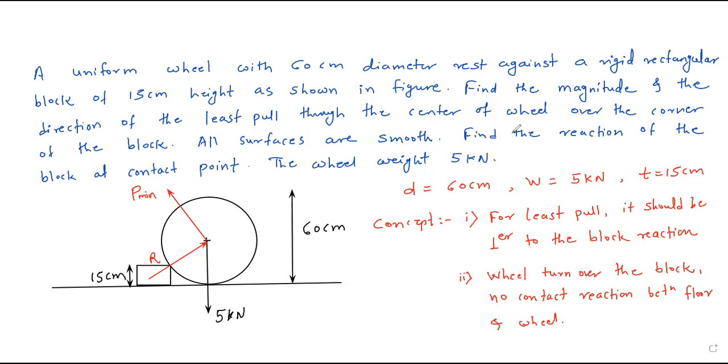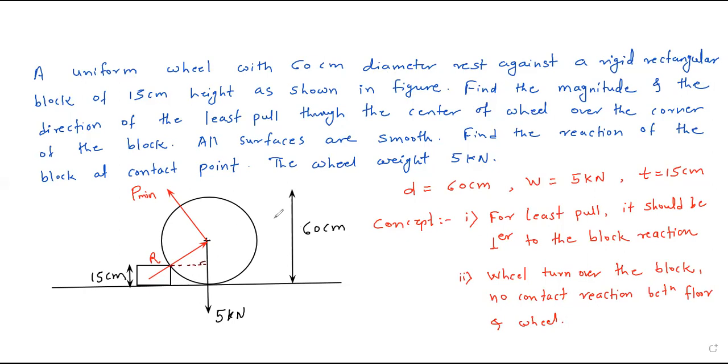Now to find this out, I will drop one horizontal line from here, that is perpendicular to this. This angle is 90 degree.